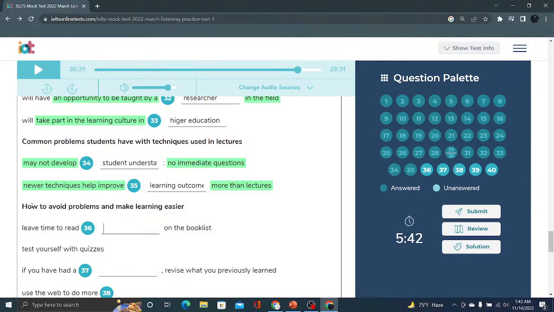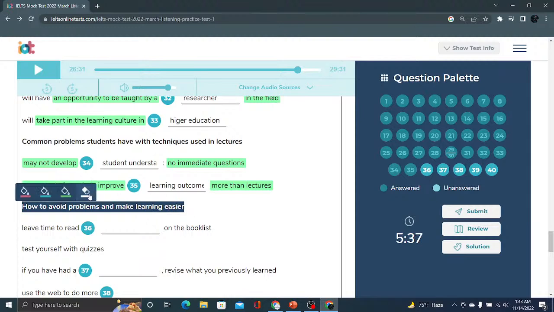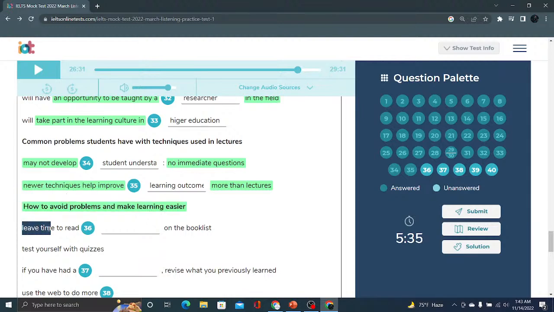How to avoid problems and make learning easier. Leave time to read the book list. However, these will still not replace the validity of listening and learning from an expert.